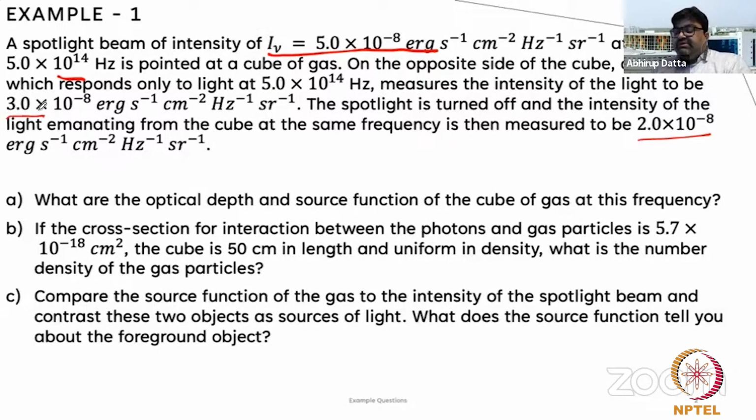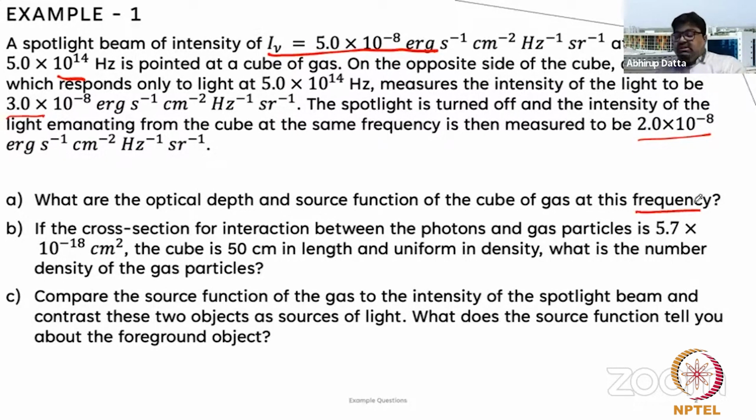So it was initially at 5, it went to 3. The spotlight is now turned off, and the intensity of the light emanating from the cube at the same frequency is measured to be 2. So what are the optical depth and source function of the cube of gas at this particular frequency?